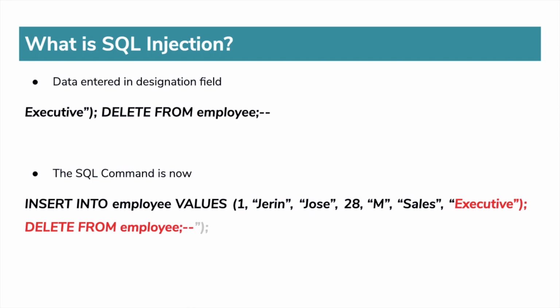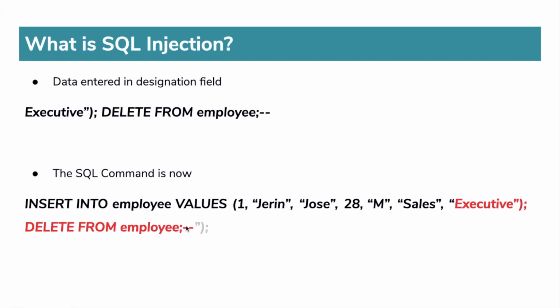Instead of the normal value in the designation field, we now have something where we are basically completing the insert statement command in this part. So we have executive, this is completing this insert statement, and then we are deleting, this command basically deletes the employee table, right?